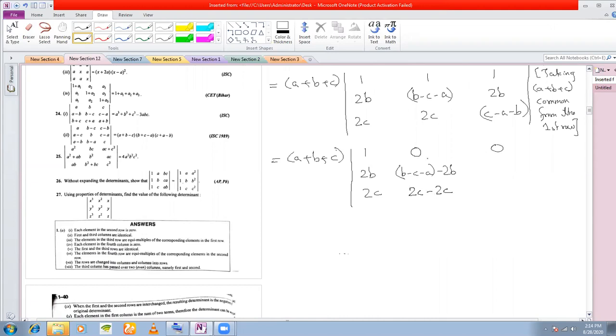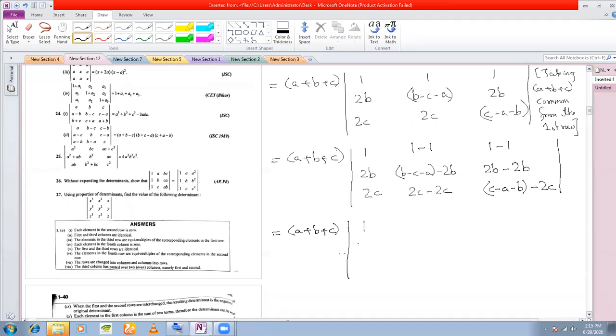Let me write 1 minus 1, and next 2b minus 2b. And this is c minus a minus b minus 2c, and close the bracket, a plus b plus c.